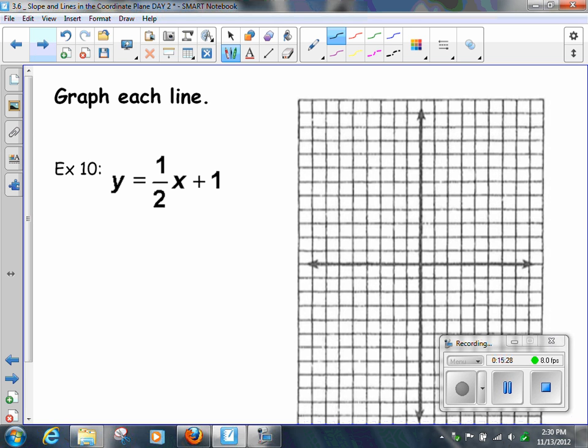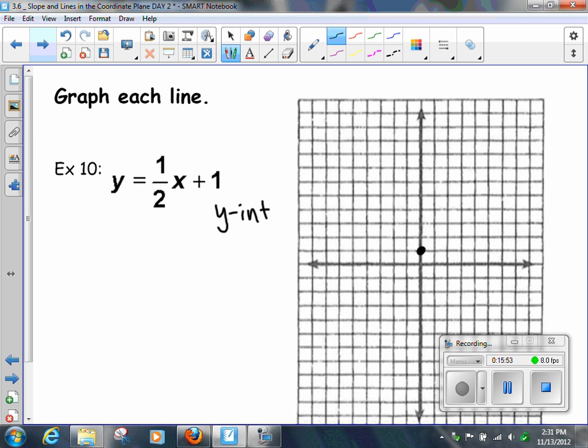How about example 10? What do you start with first? The y-intercept, which is 1. Plug that in, and we plot that on the coordinate grid at 1. And then from that y-intercept, where do I go? I go up.